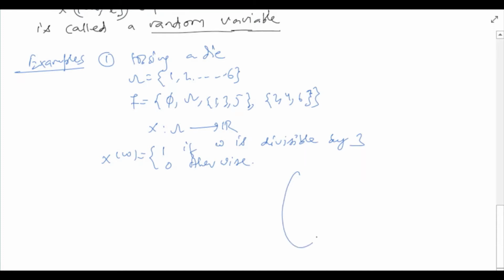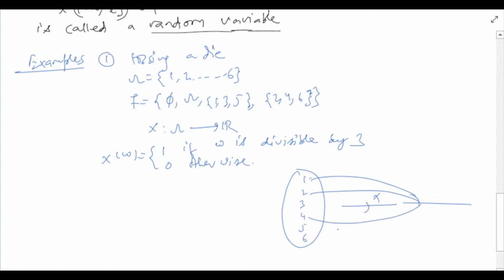Clearly, under this function 1, 2, 4 and 5 are mapped to number 0, whereas 3 and 6 are mapped to number 1.